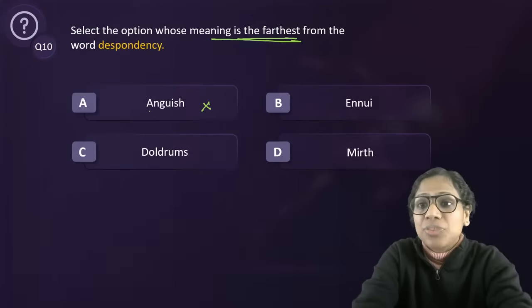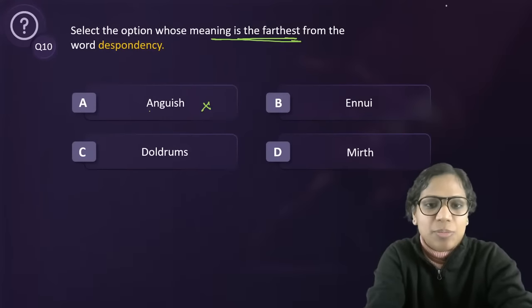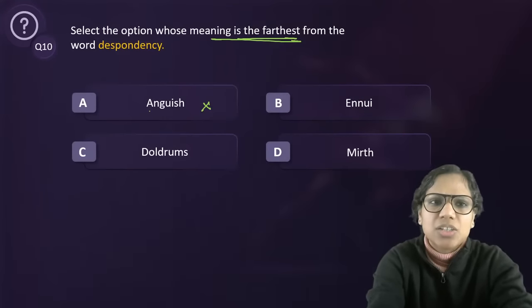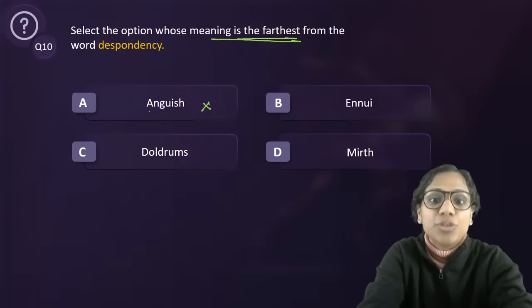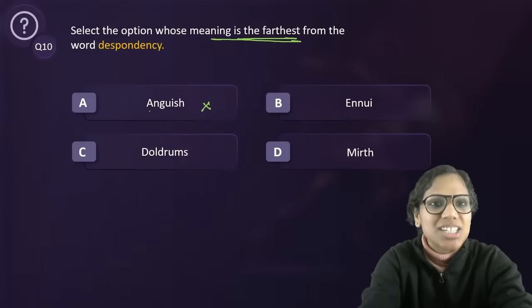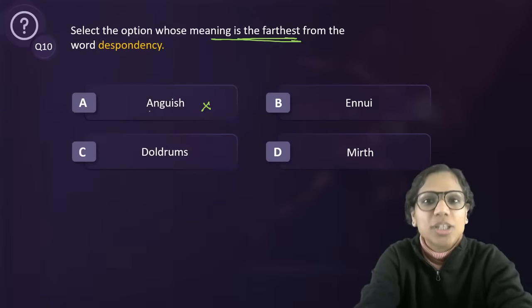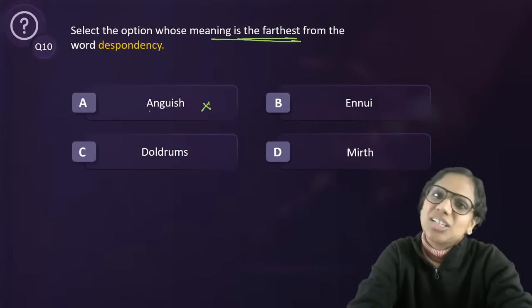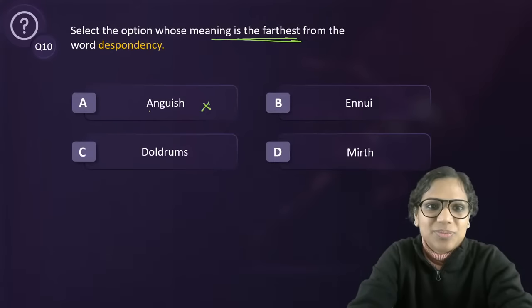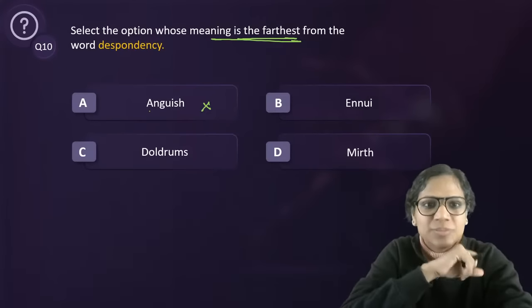What is ennui? We discussed ennui in a vocabulary session on 50 vocabulary words. We discussed sloth, ennui, right? Lethargy, languidness, languidity. We discussed all these words.